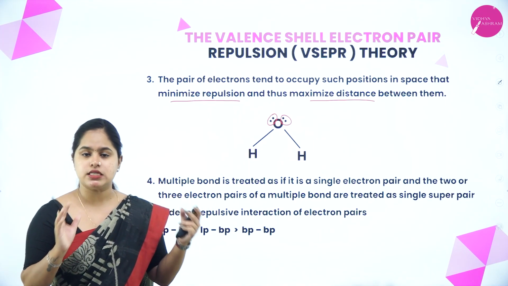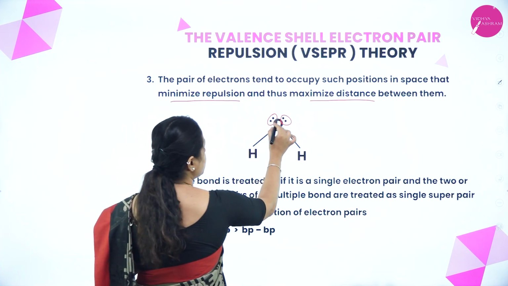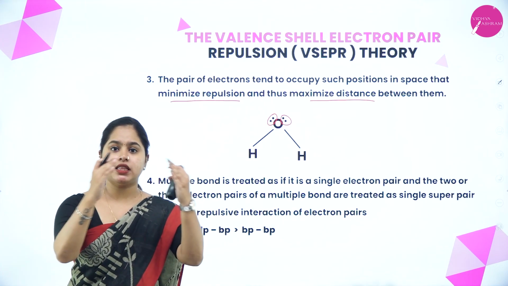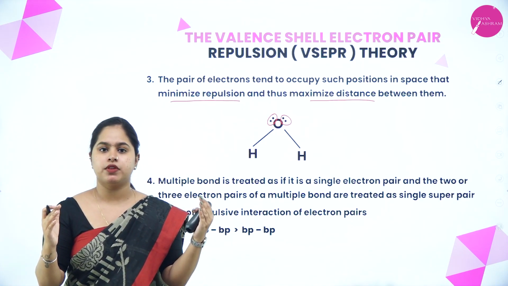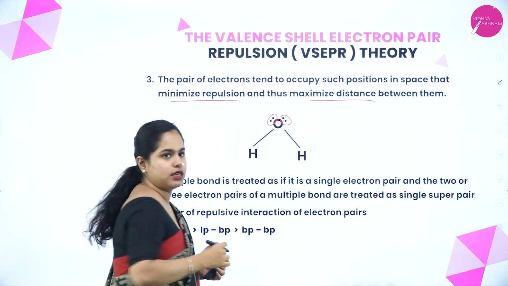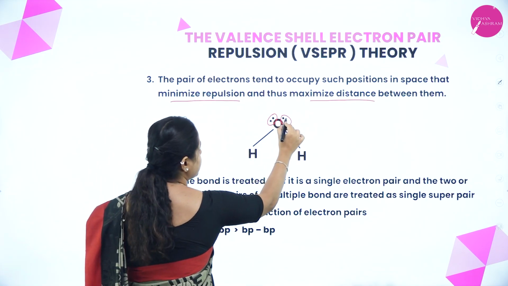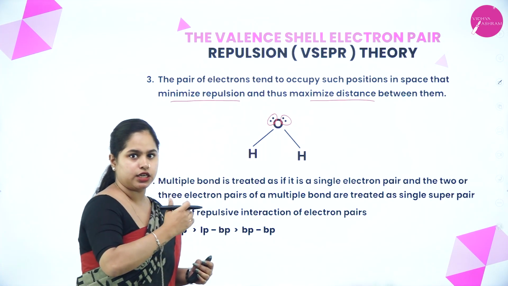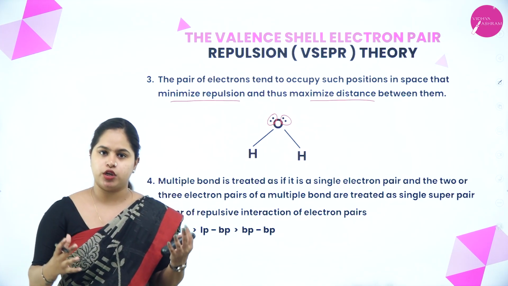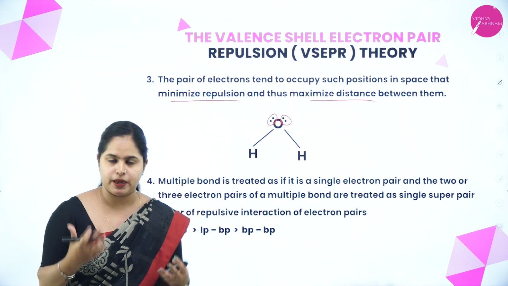What can you observe in this? These 2 lone pairs are trying to attain a position in space where they are repelled to the minimum and the distance is maximum. So they occupy these positions. If they come a little bit towards this direction, there is a bond here as well, right? So what do the electron pairs do then?